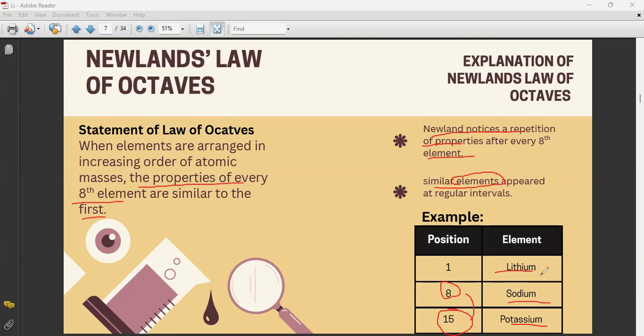There were similar properties between lithium and sodium. Similarly, sodium and potassium also show similar chemical properties. So that was the way the octaves classified all the elements into sets of 8.